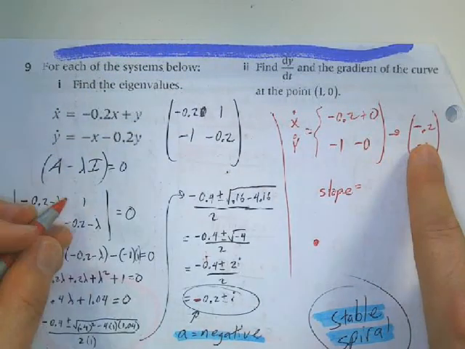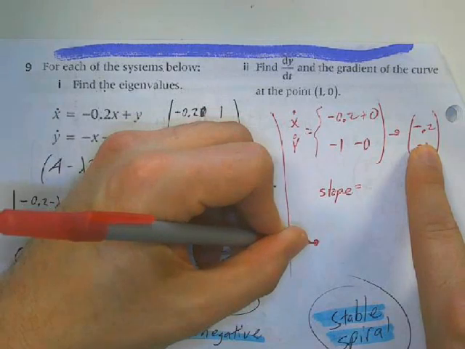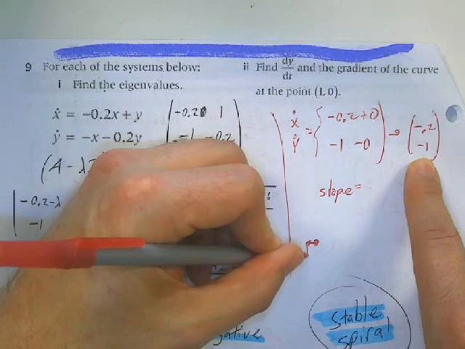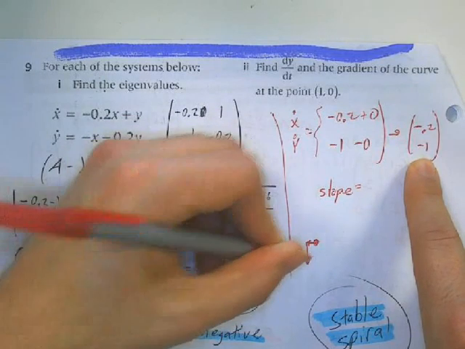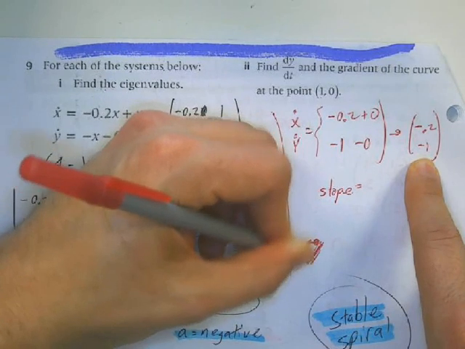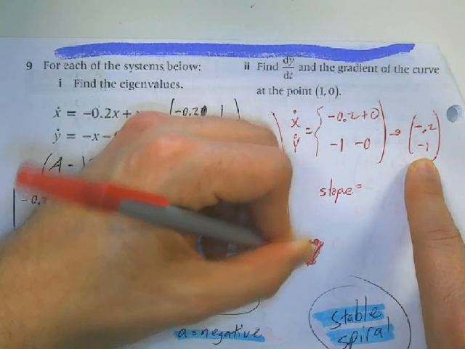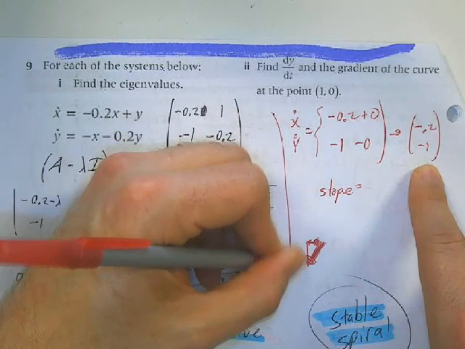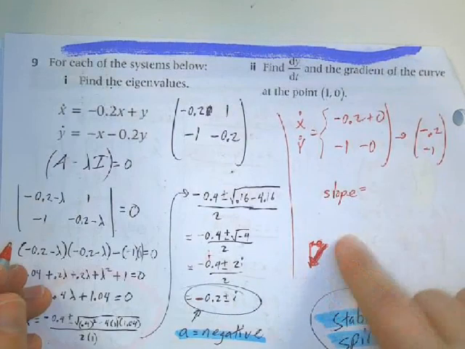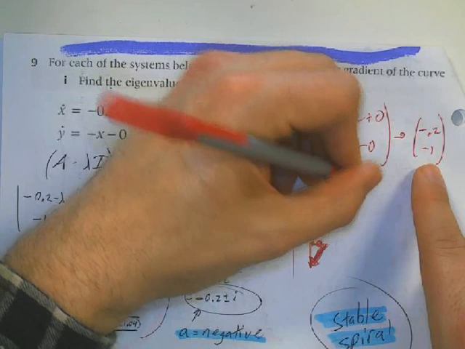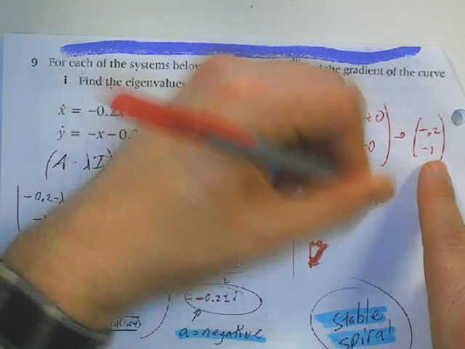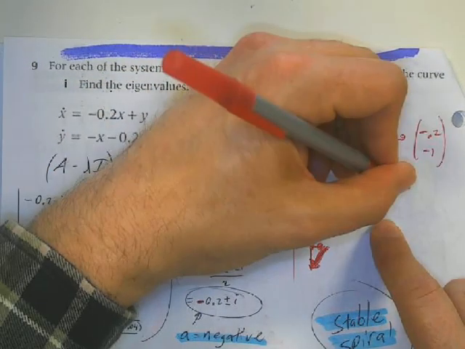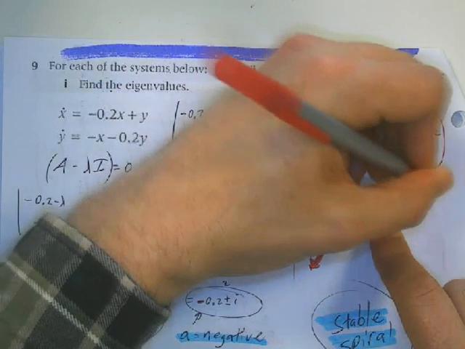In the x direction, I'm going negative just a little bit, and then down 1. So my slope is going to the left 0.2, and down 1. So this is what we're doing. And so negative 1 divided by negative 0.2, we have a slope of positive 10 over 2. We have a slope of 5.